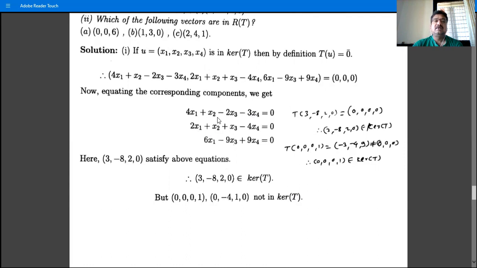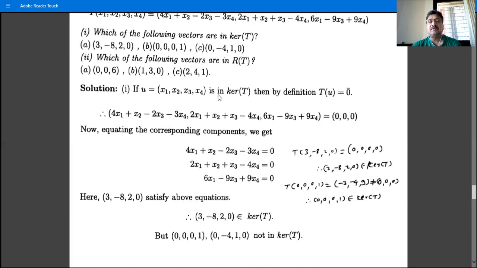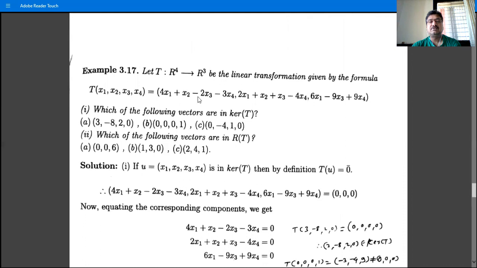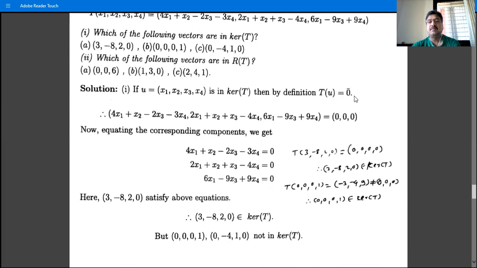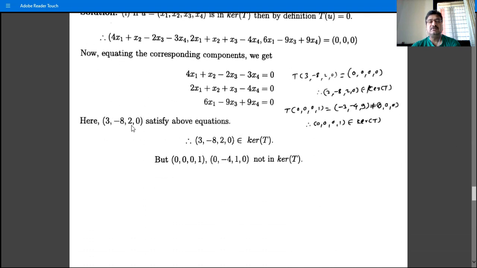That is, we take the general element of R^4 and set its image equal to 0 bar, that is (0, 0, 0). We have the system, and if the values of x1, x2, x3, x4 satisfy these equations, then the vector belongs to the kernel of T. If they do not, it is not in the kernel of T.